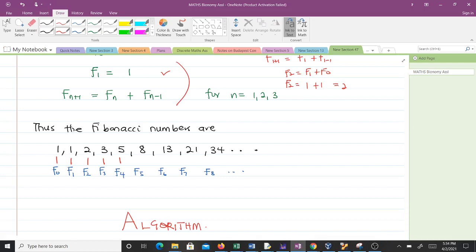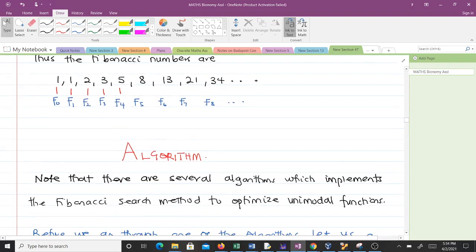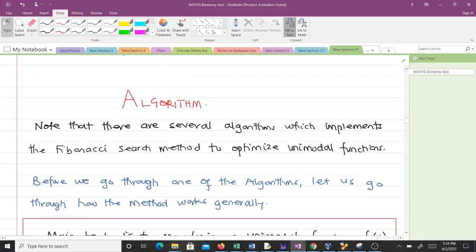So someone will ask, what is the algorithm for the Fibonacci search method? One thing that I want you to notice is that there are several algorithms which are used to implement the Fibonacci search method to optimize unimodal functions. When you watch different videos or read different textbooks, you realize that they all use the same concept, but the algorithm differs.